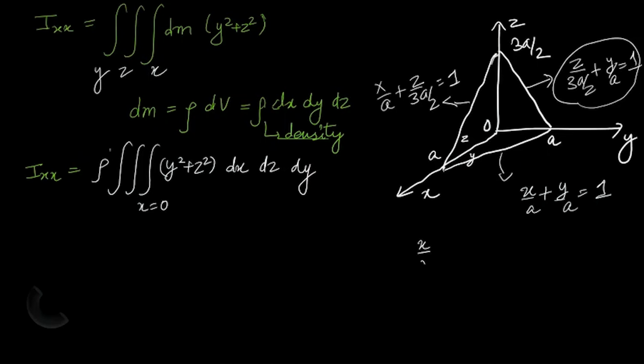Using this equation, x over a plus y over a plus z over 3a by 2 equals 1, we can set the limit for x. So x is equal to a minus y minus 2 over 3 z. So we can set this limit.